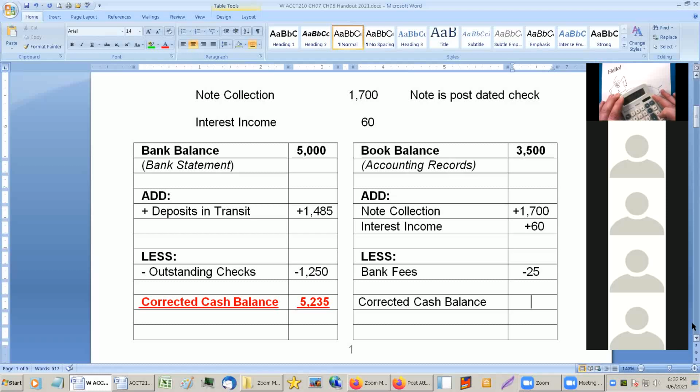Okay, so yeah, 5,000. So these two sides have to equal.